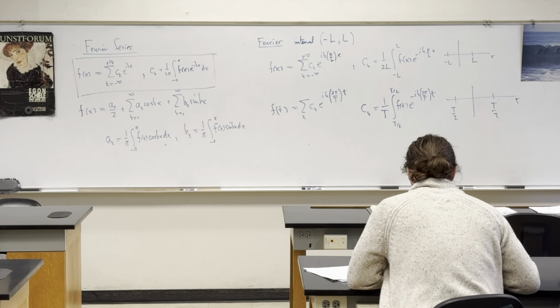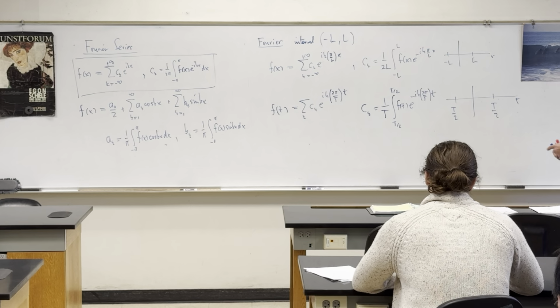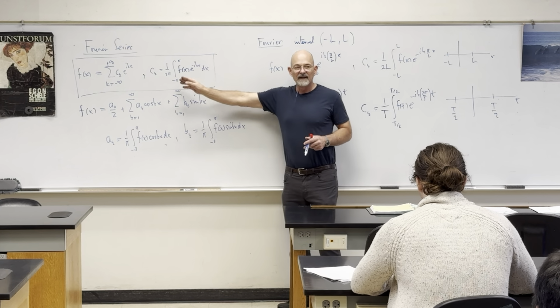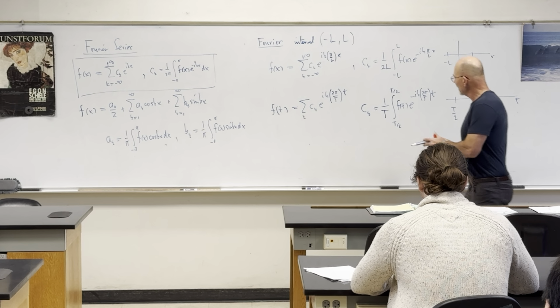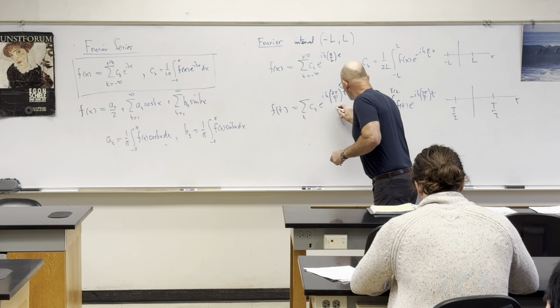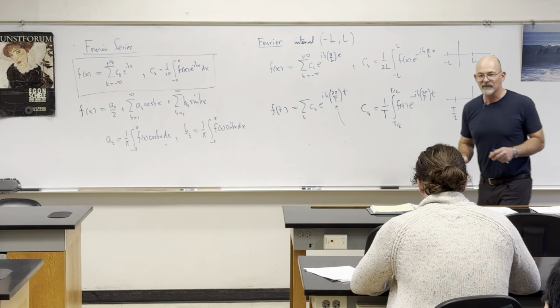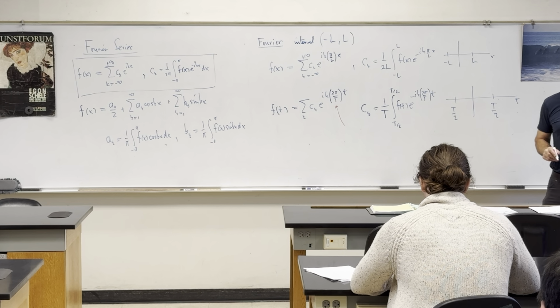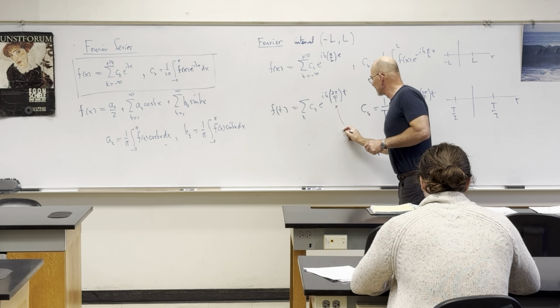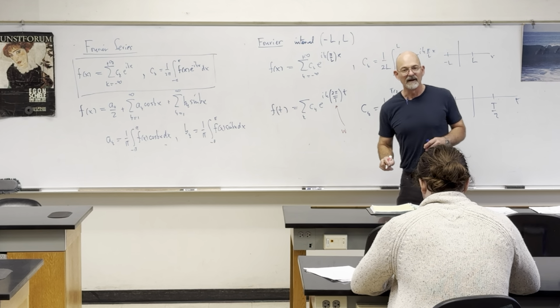So we want to be confident that we can do these. The ones we do for homework are always just going to be these. We don't need to add that. However, one thing to recognize: what's another word for 2 pi over period? That is a frequency, right?